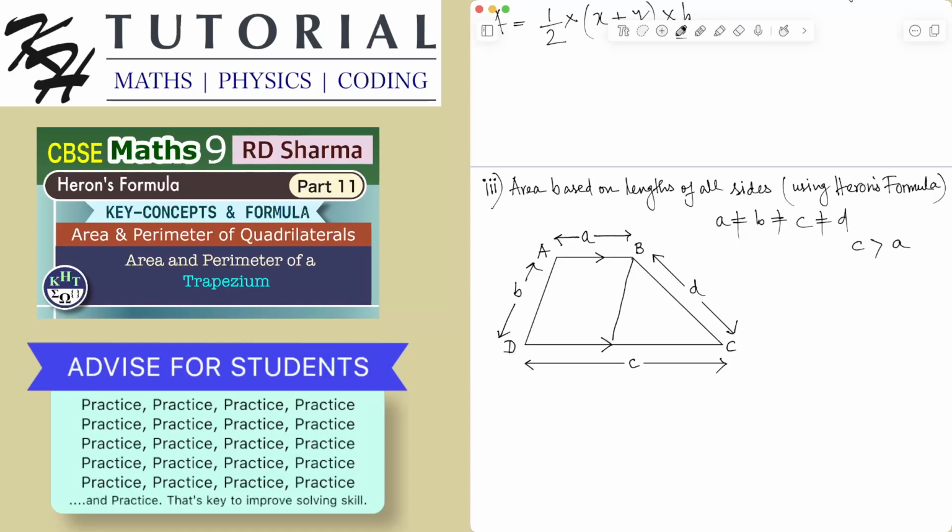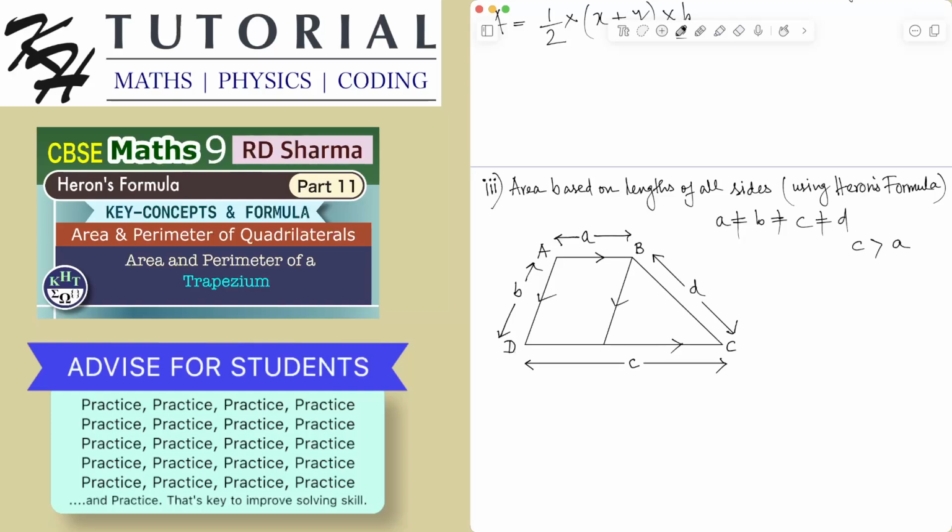Let's say this line meets DC at E, so these two lines are parallel.